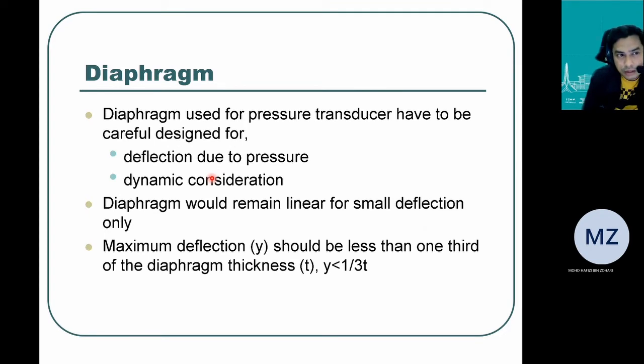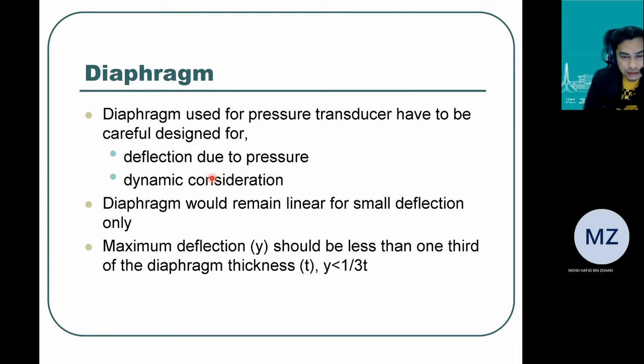So among these three types of sensing element, the diaphragm is actually more interesting because it can be used for dynamic measurement. But it has to be carefully designed, otherwise it cannot function properly.